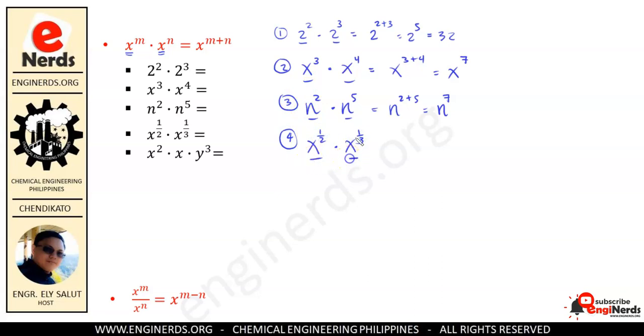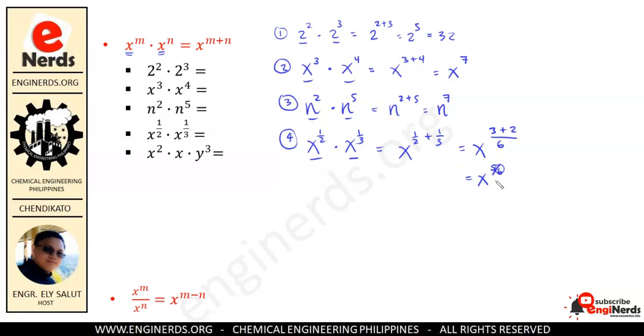So, our base is the same. So, we will have here x to the 1/2 plus 1/3. So, this will be equal to x to the 3 plus 2 over 6, which is equal to x to the 5 over 6.